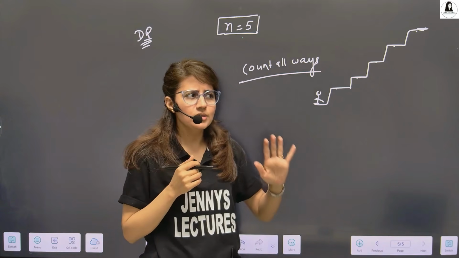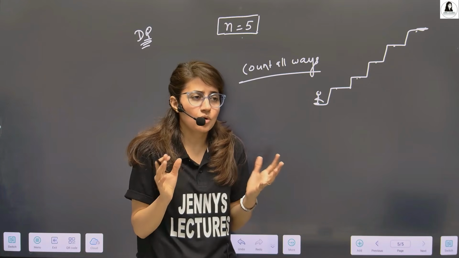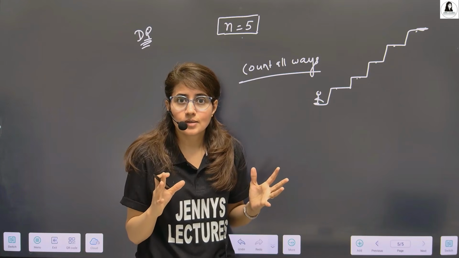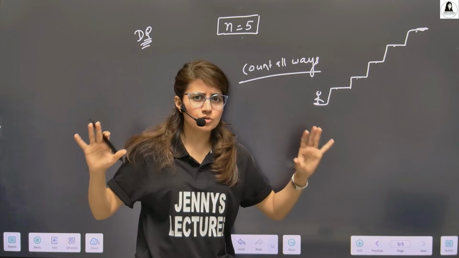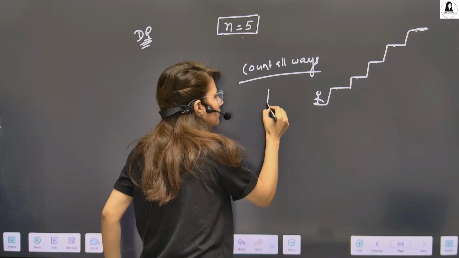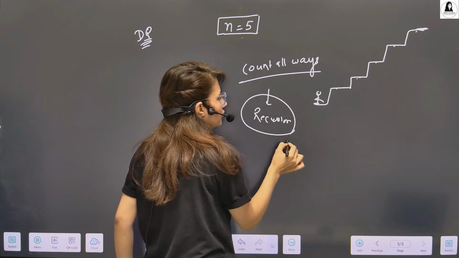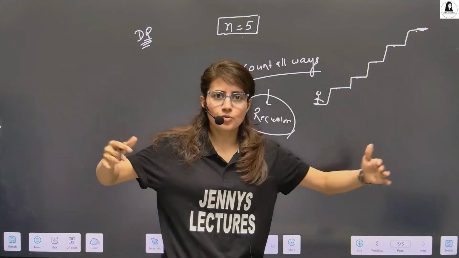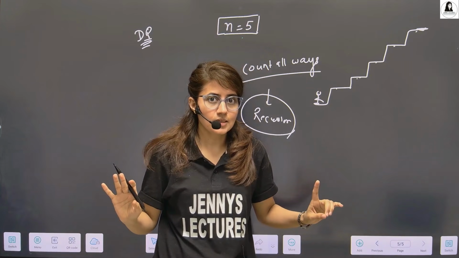Whenever in a question you are given such kind of thing, like you have to count all the possible ways or distinct ways, it means you have to try all the possible solutions. It means we will use recursion here, because using recursion only you can find out all the possible ways we explore. We know this thing.